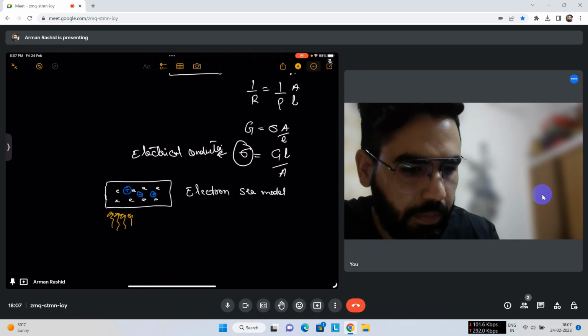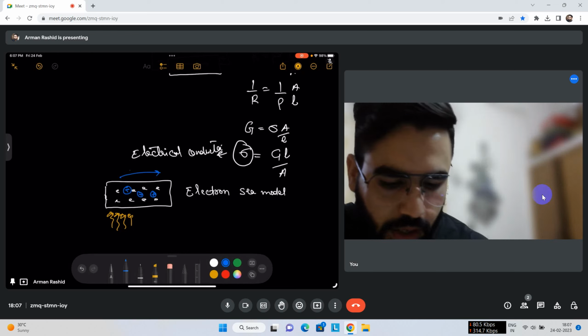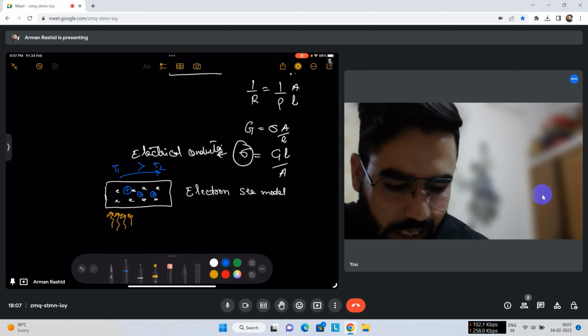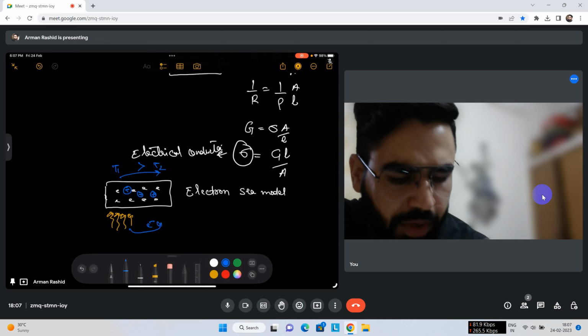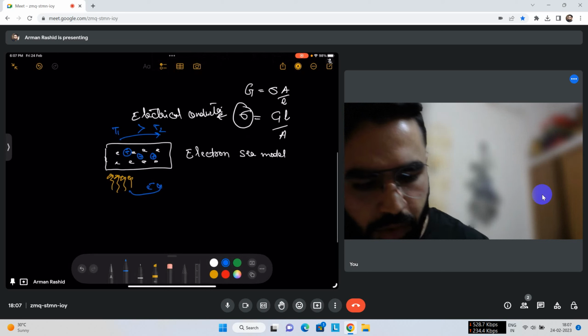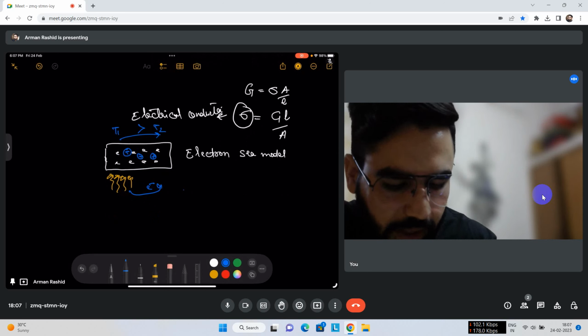If we apply heat on one side, with T1 here and T2 here, and T1 is higher, then these electrons will move from the higher temperature side. The movement of these electrons is correlated by a factor called thermal conductivity.